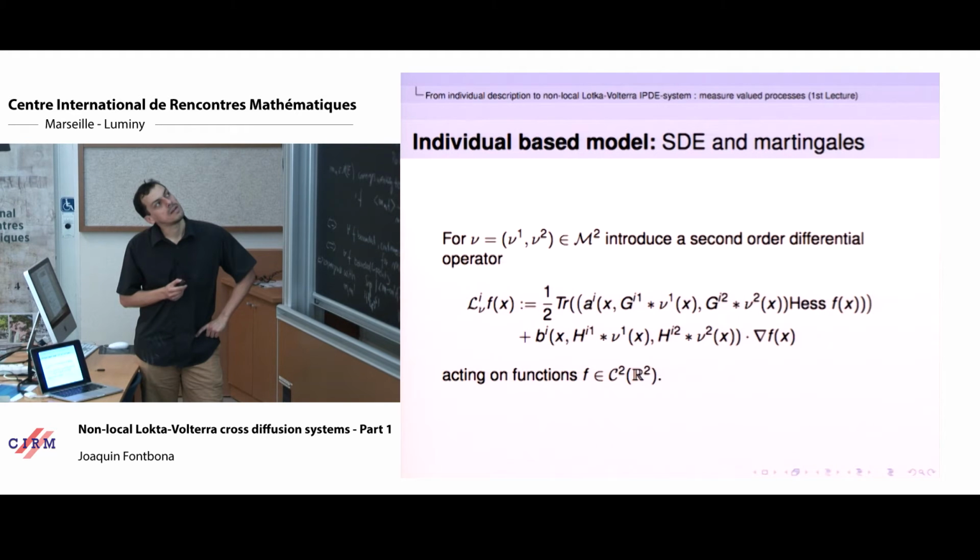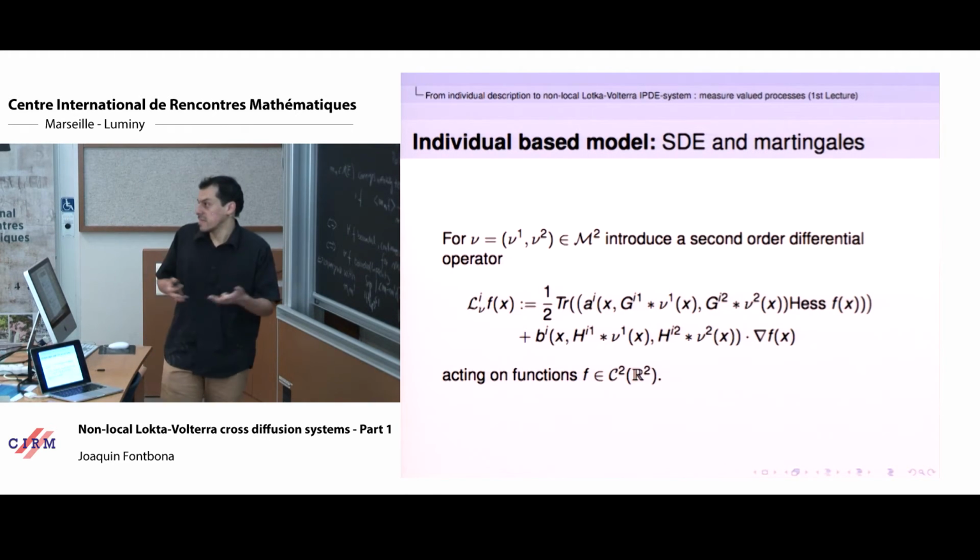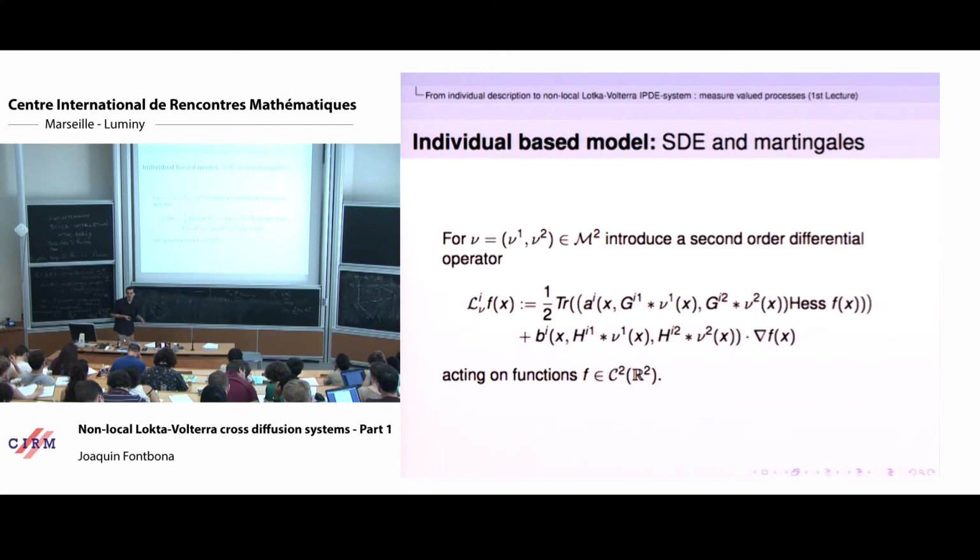And I'm taking here nu1 and nu2 as data. Okay, they are fixed. So this is, or will be, a non-homogeneous operator later. But here, let us imagine that I have some fixed measures, and I just evaluate this at each point x.